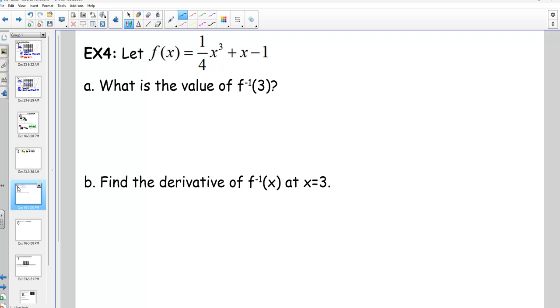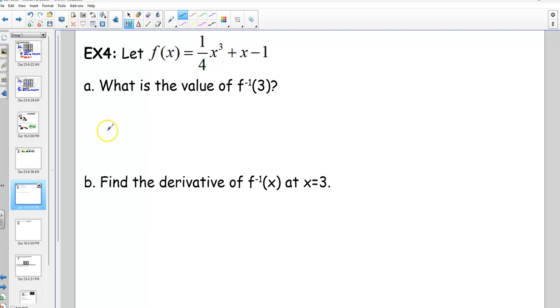So we can't really find the inverse of this, which means to find the derivative of the inverse, we're definitely going to have to use the formula for this, right?